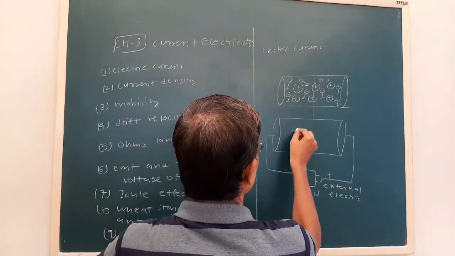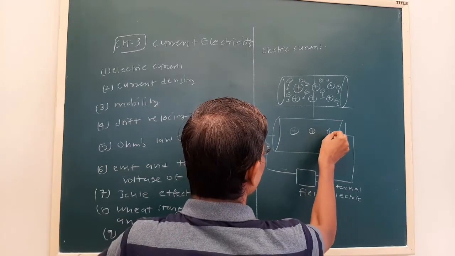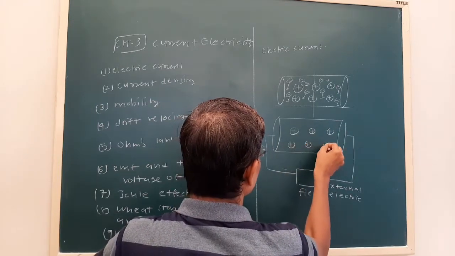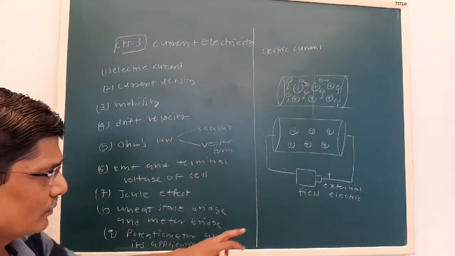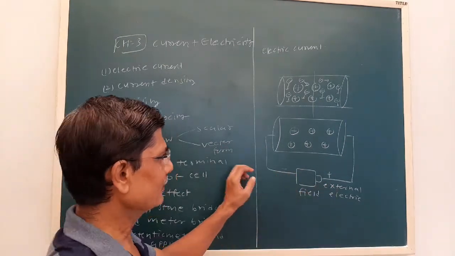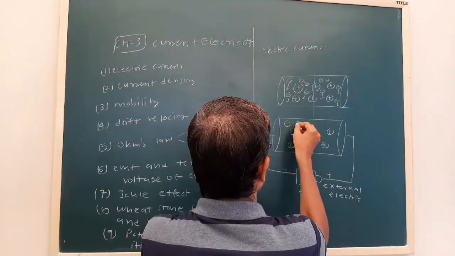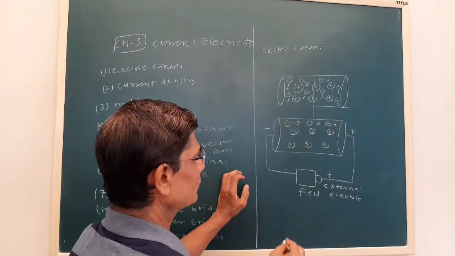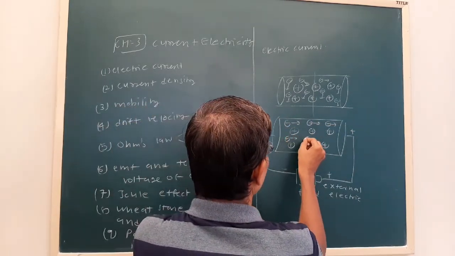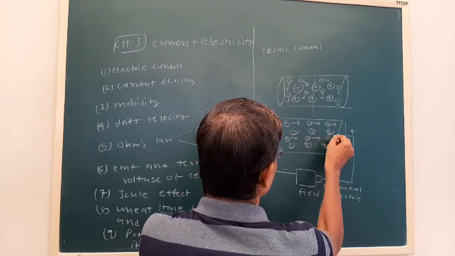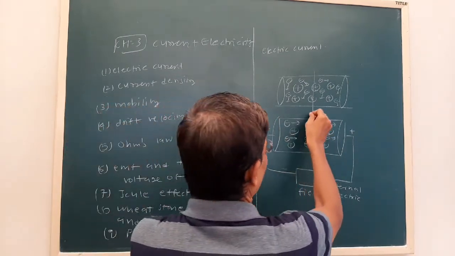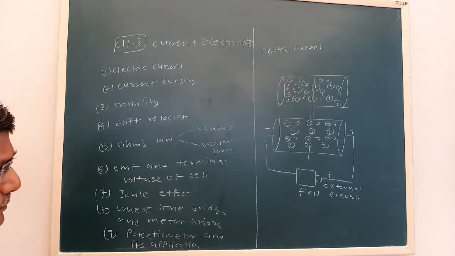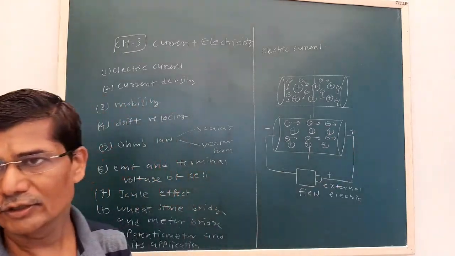Again the positive charge is in the fixed condition, that is lattice condition. This is the positive terminal of the battery, this is the negative. Because of the attractive force, electrons will move in the same direction. So now if I consider the cross section, there is a unidirectional flow.